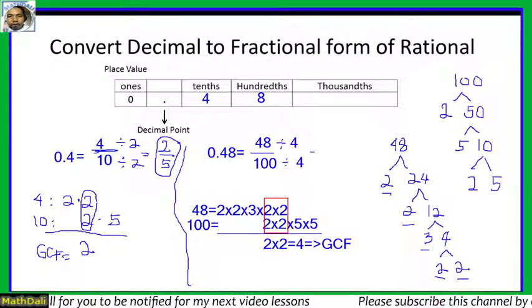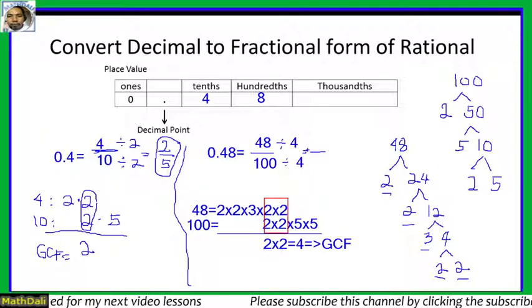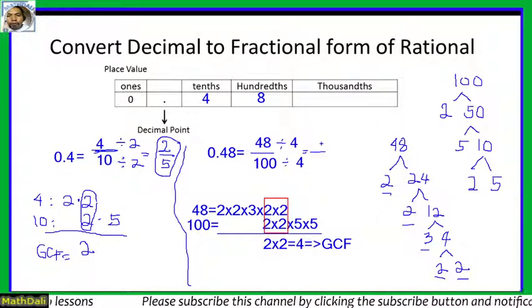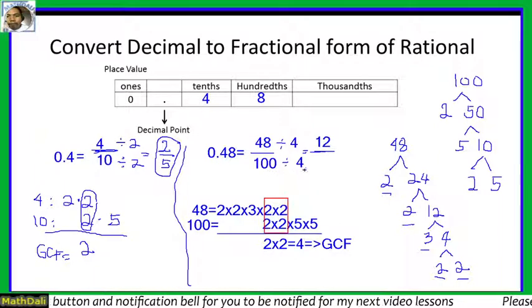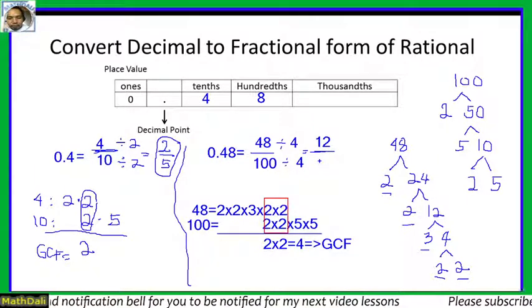Okay, so that will be equal to 48, divide nyo sa 4, that is equal to 12. Then, we have 100 divide nyo sa 4, that is equal to 25.